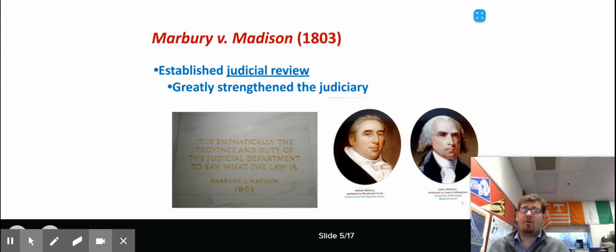All right, and we've already looked at this, so this part's a review, but the single most important Supreme Court case that you can know is Marbury versus Madison, 1803, because that is the case that establishes judicial review as a power of the court.